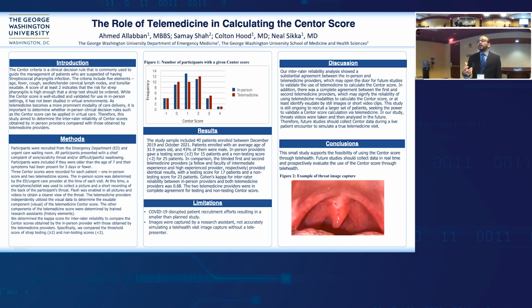The Centor criteria has 5 elements, including the patient's age, fever, cough, anterior neck lymph node enlargement, and tonsillar exudate or swelling. If the patient gets a score of 2 or more, then the patient gets the rapid strep test. If the patient gets a score of less than 2, then there is no need for testing and strep infection is less likely.